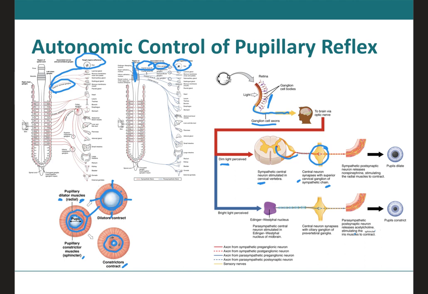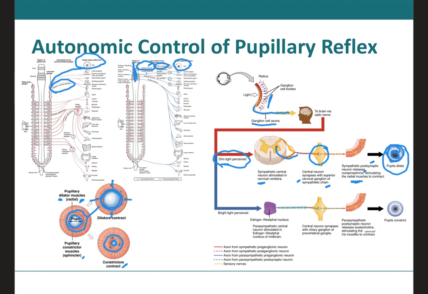And then this will cause an activation of the sympathetic postsynaptic neuron to release norepinephrine, and the norepinephrine will then stimulate the radial muscles to contract, and when it contracts, it dilates the pupil, so it makes your pupil bigger, which makes sense because if you don't have enough light going in, you need to increase the size of the pupil to allow more light to enter into your eye so that you can see better.